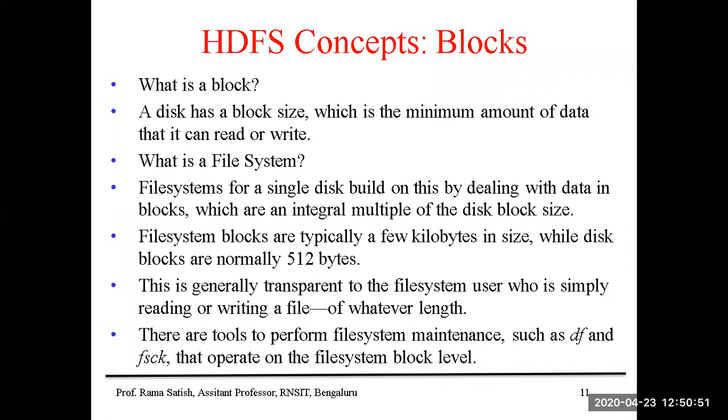Df is a command that tells how much disk free is available. Then fsck, file system check, tells what blocks are available, how many blocks have been occupied, what is the percentage of free blocks, and what is the percentage of blocks that are filled.